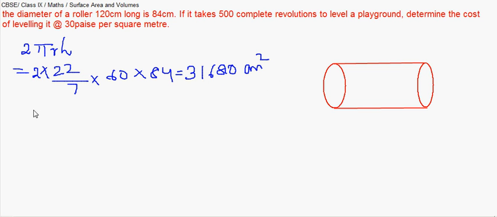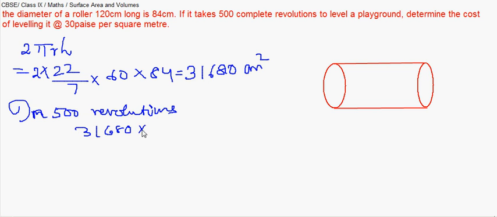So in 500 revolutions, it will cover 31680 into 500. Let me convert it into meter square. Whatever I'm getting will be divided by 10,000 to give us meter square, and I'm getting 1584 meters square.